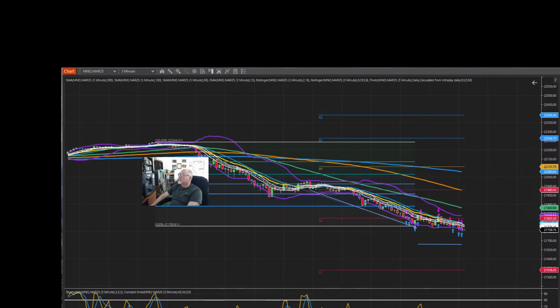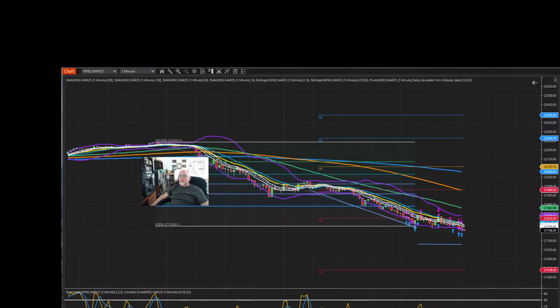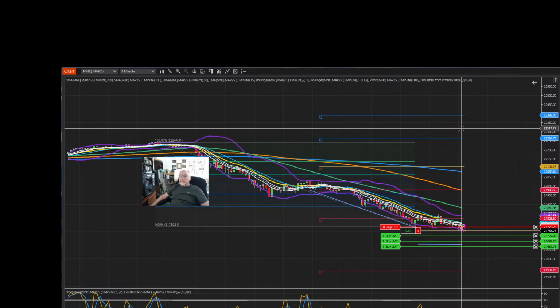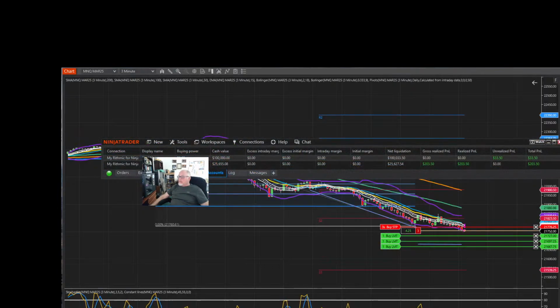Where's my Ninja? Let me pull this over. You get a SIM account. See this SIM? I can change this to SIM. Let's do that now. And just for fun, let's sell. Order filled. You can reset this one and just keep resetting it.